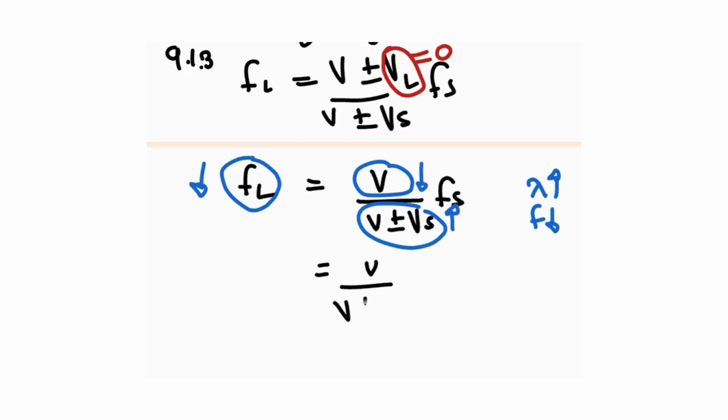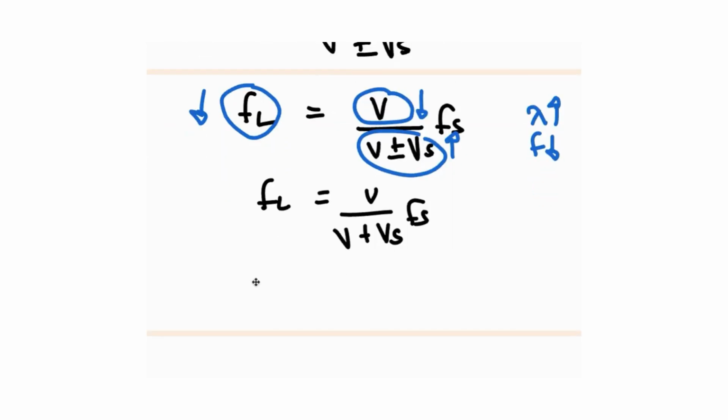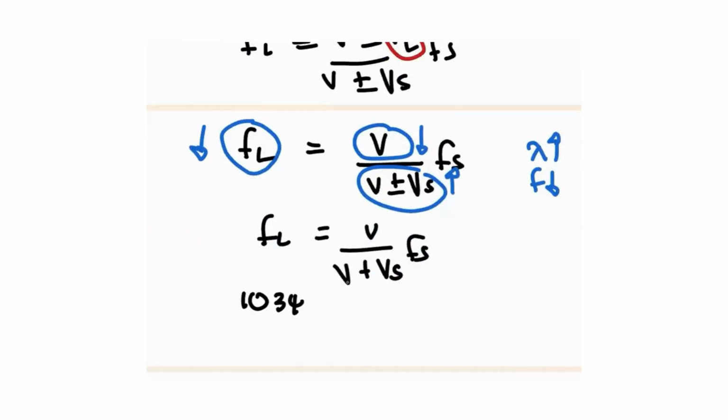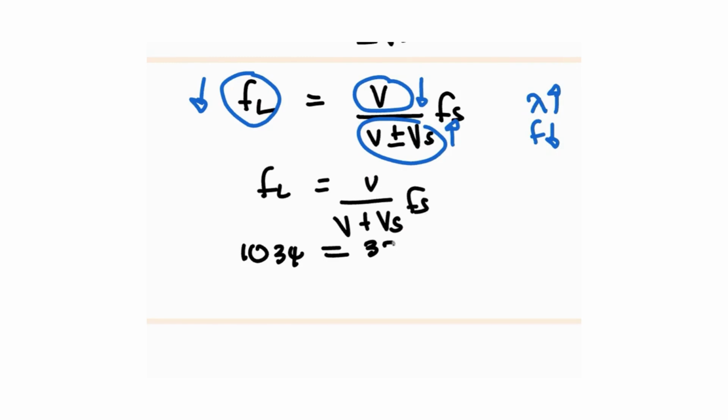So we have V plus Vs, Fs, and Fl. The frequency of the listener, they had said it's 1034 if I'm not mistaken. Let's check. Yes. And then the velocity is 330 over 330 plus we are looking for the velocity of the source, the mosquito, times 1050.